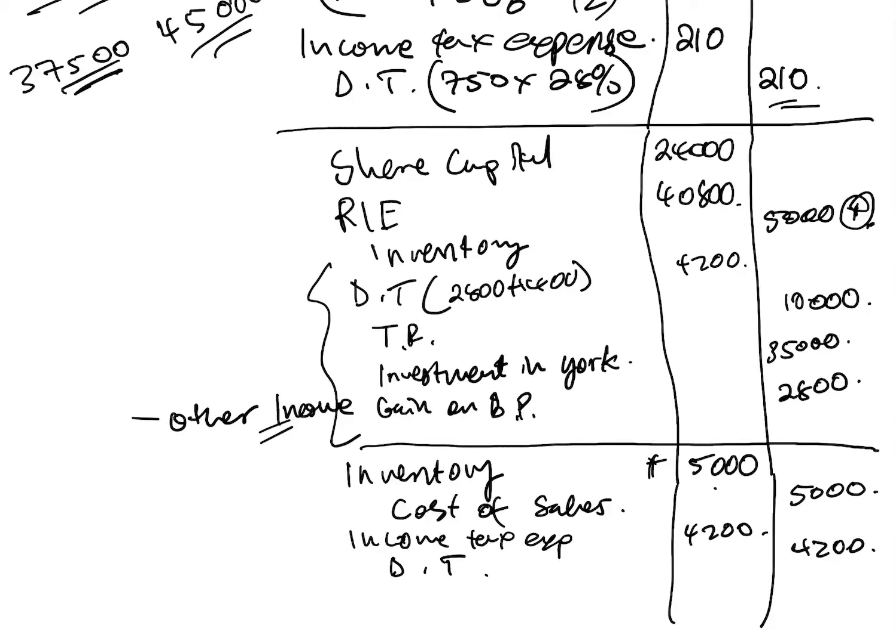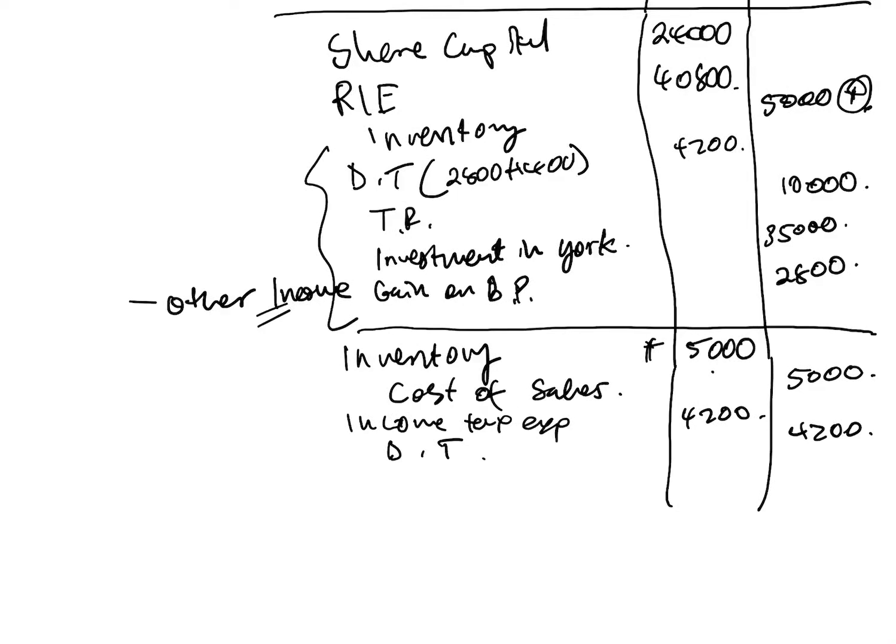Right, we do the same for trade receivables. We debit our trade receivables, that 10,000, and credit. Which account do we credit for trade receivables? We are going to put it under other expenses.